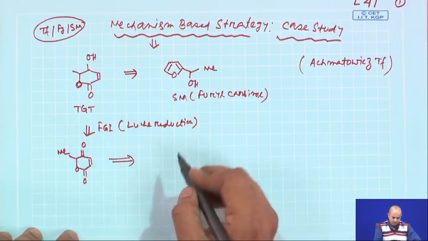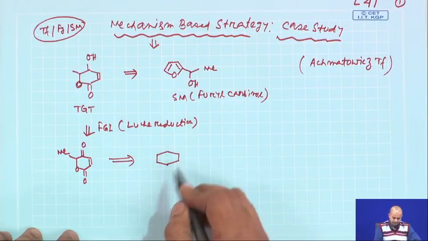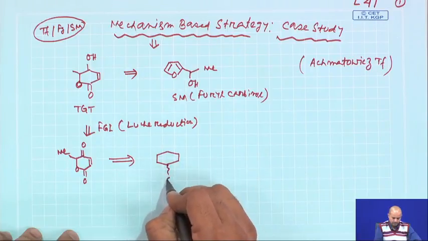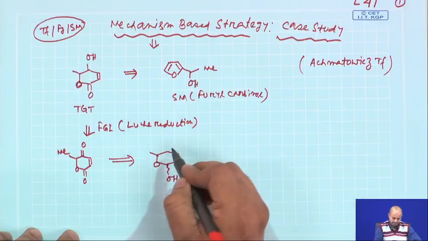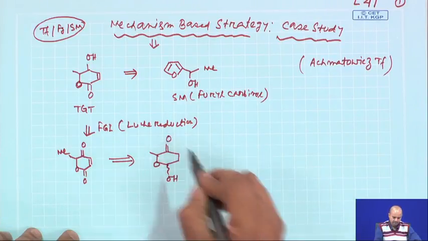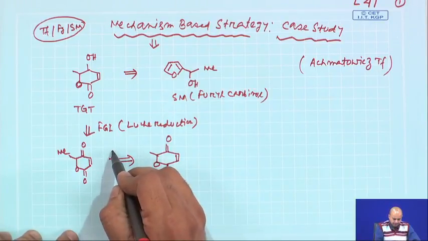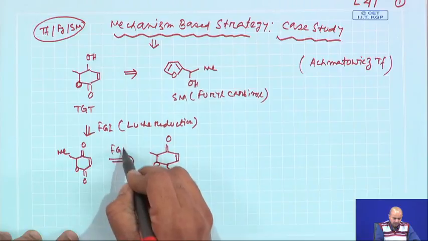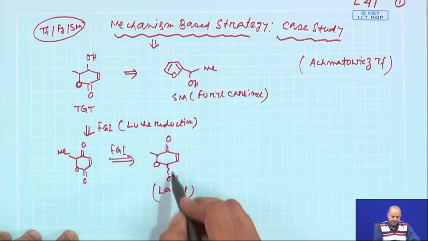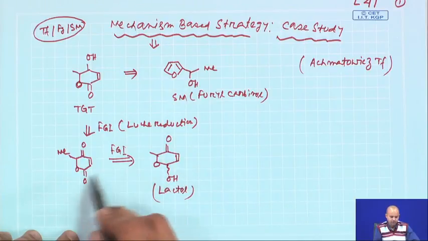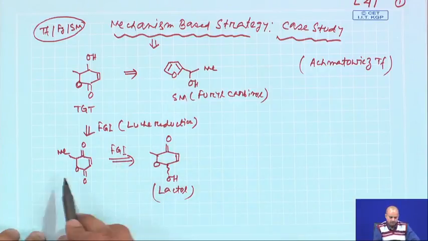So, these things we already discussed. The next retro which I am now going to formulate will be something like this. This particular lactol can be oxidized to lactone by a simple FGI, an oxidative transformation.